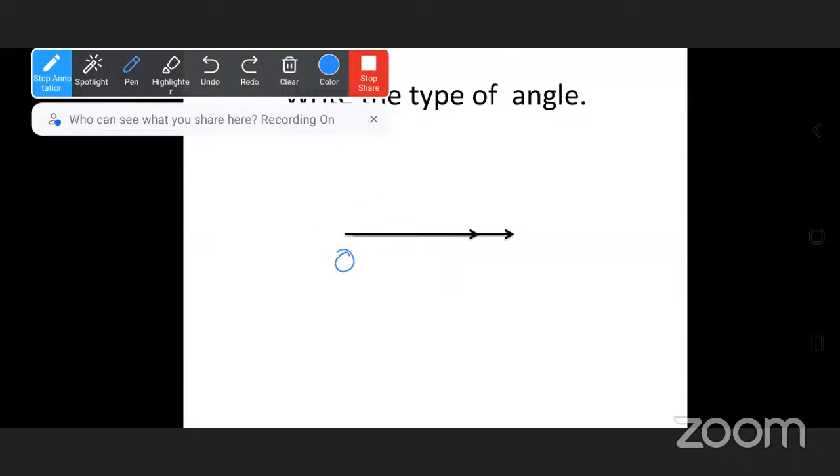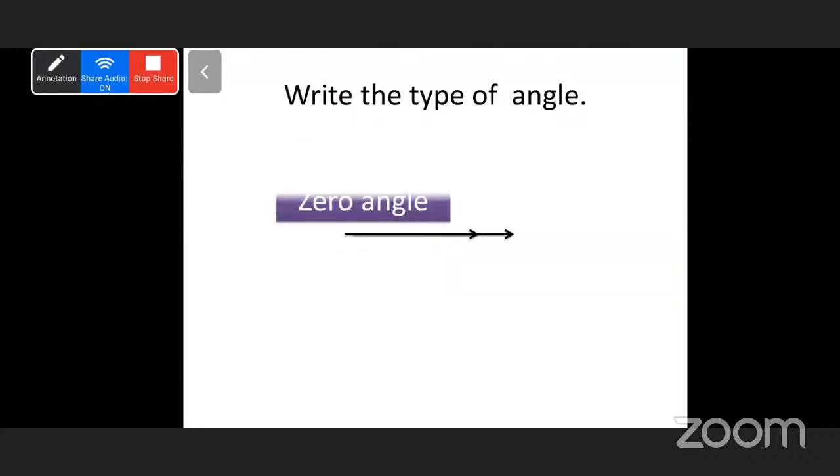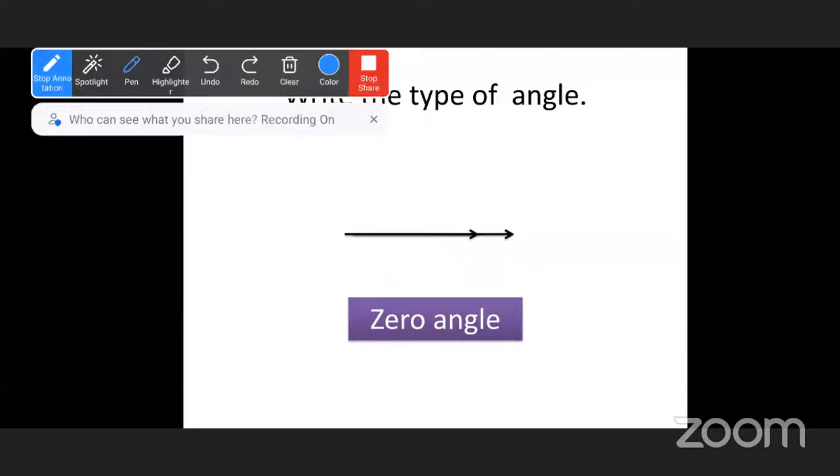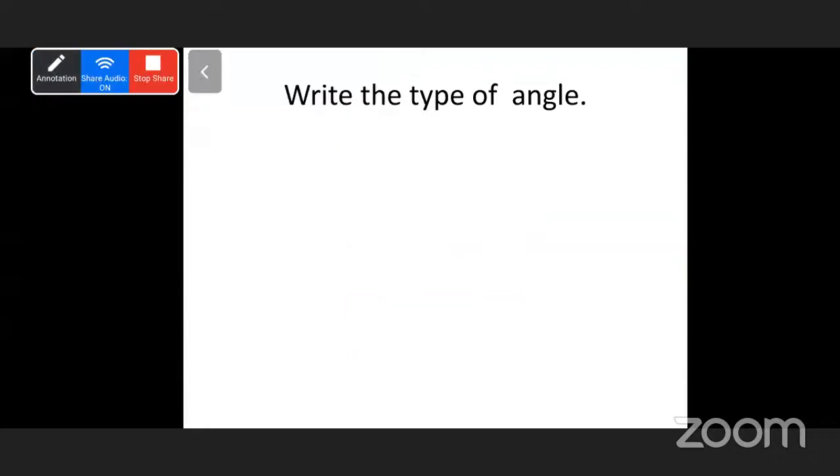Tell me. Very good. It's a zero angle. If instead of this, I am showing this way, this would have been a complete angle. But here, because I am not showing any measurement, it is a zero angle.